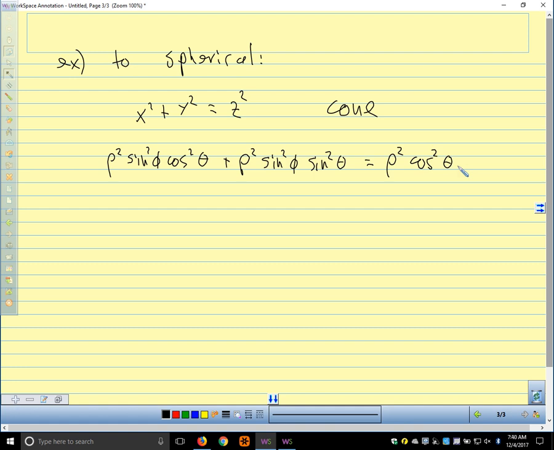You get lots of sines and cosines when you start dealing with spherical coordinates. When we start taking derivatives in spherical coordinates, you get lots of interesting things happening. All right, but what can I do here? Factor.